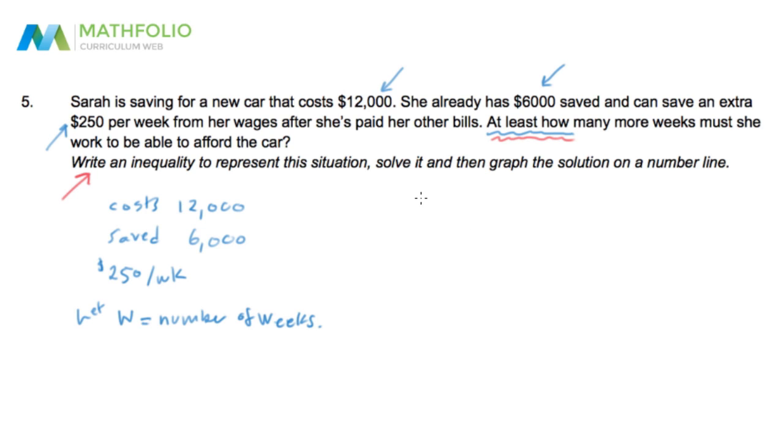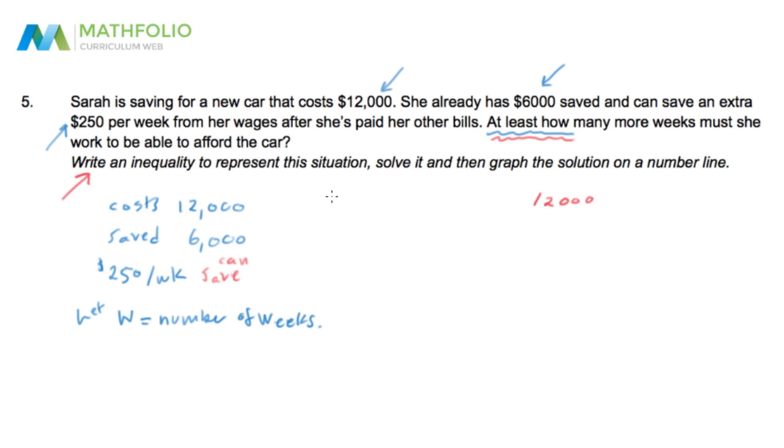So let's think. Now we go back to our key information here. Cost, saved, $250 per week. She can save $250 a week, and let W equal the number of weeks. So in looking at this problem, the grand total she needs is $12,000.